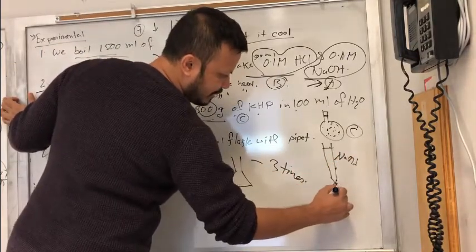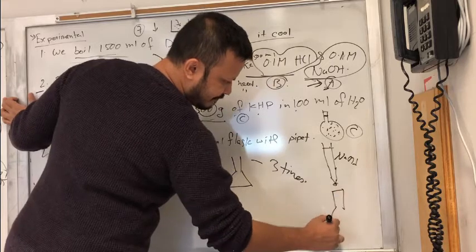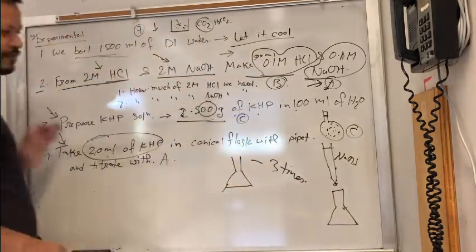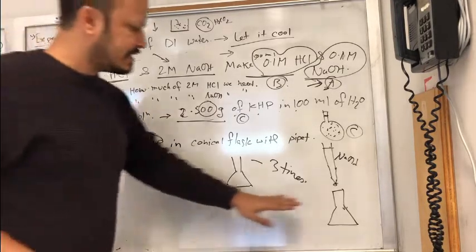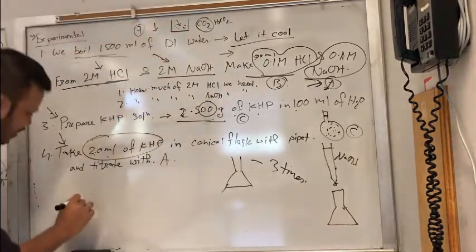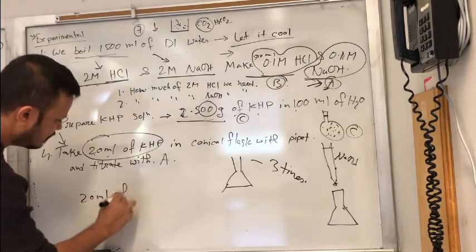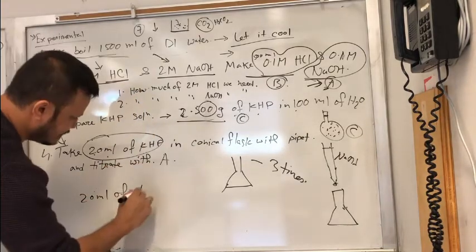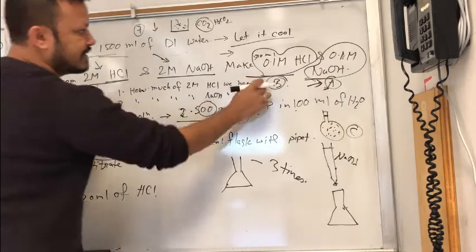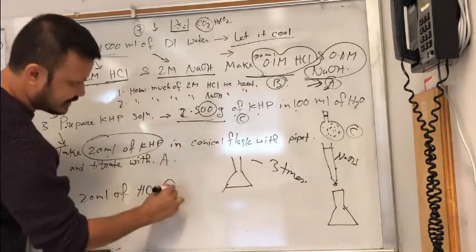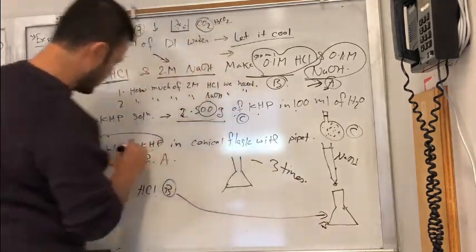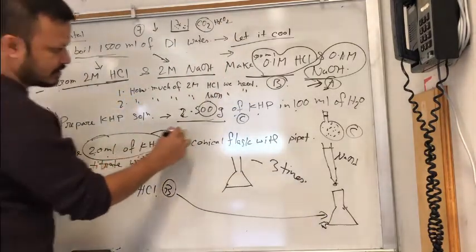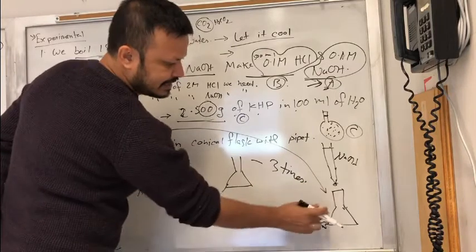Your conical flask, first filled with this KHP, then when you finish, take 20 ml of HCl, this B. First you took this one, C, now you are taking this one.